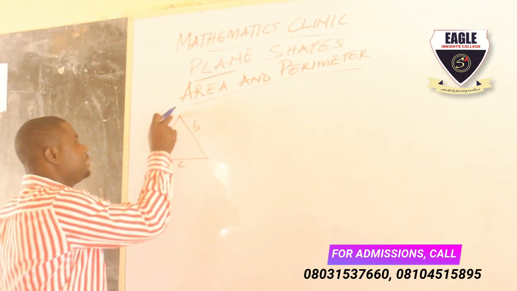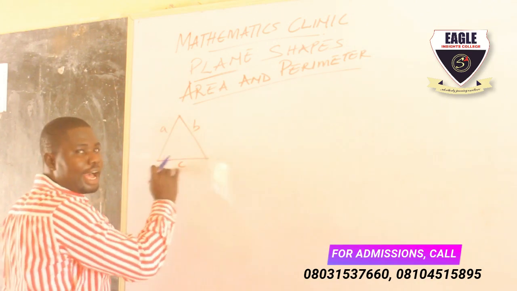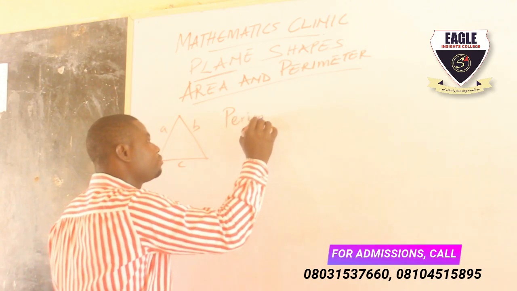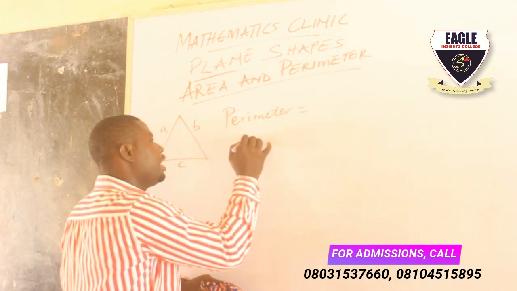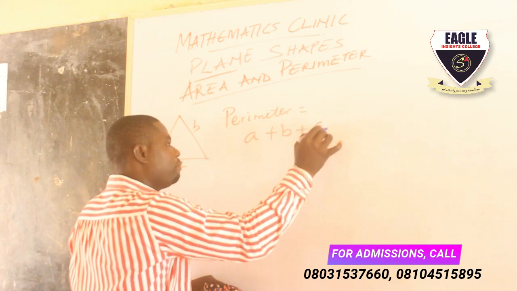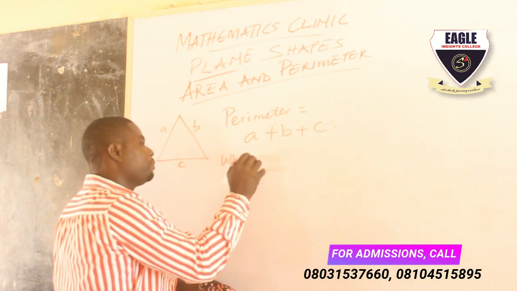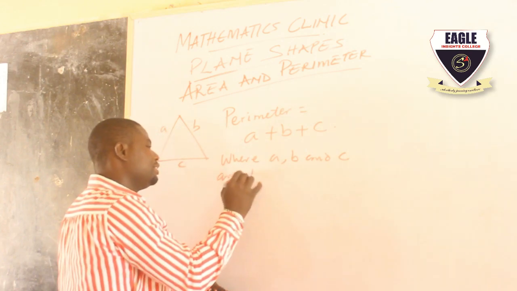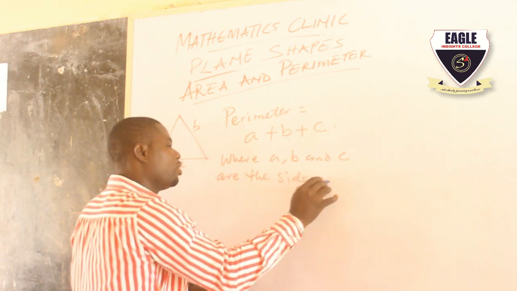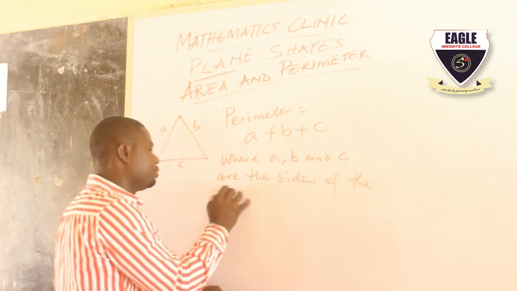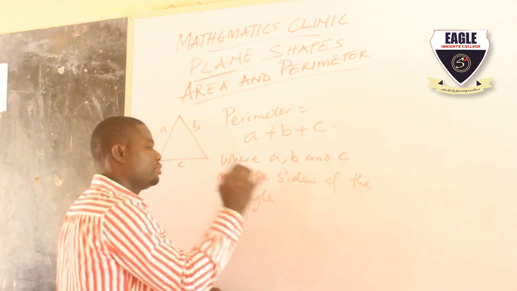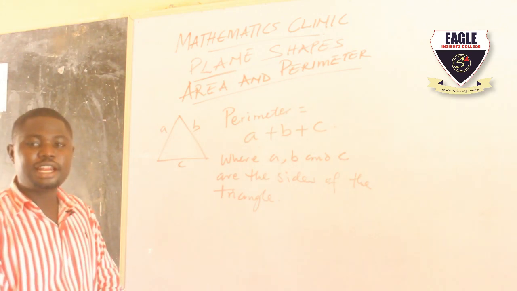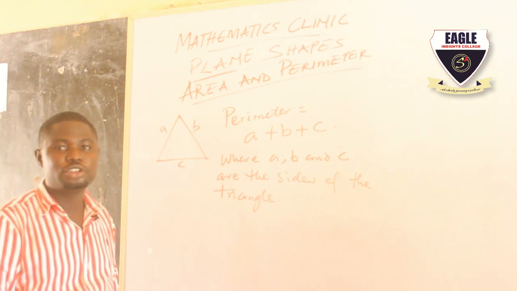Now if I have side A, side B, and side C, and I'm asked to find my perimeter, it is A plus B plus C, where A, B, and C are the sides of the triangle.